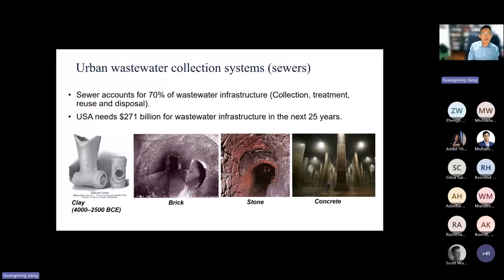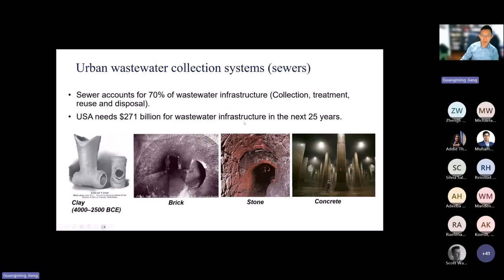The sewer system is actually a big part of the overall wastewater infrastructure, which includes the collection, treatment and disposal systems. But sewer accounts for 70% of that. So it's a massive system.